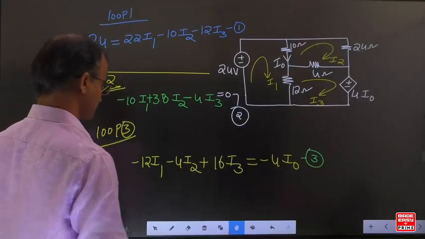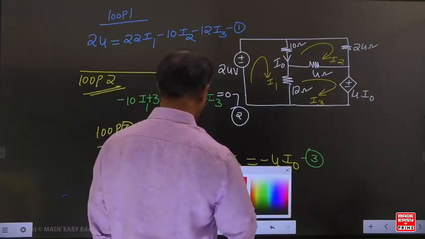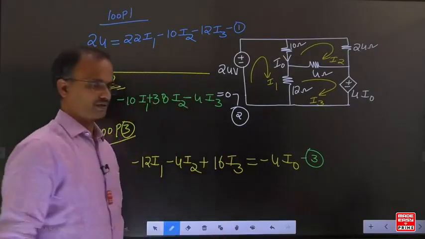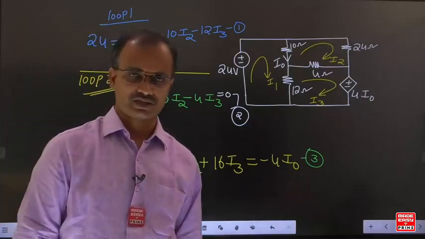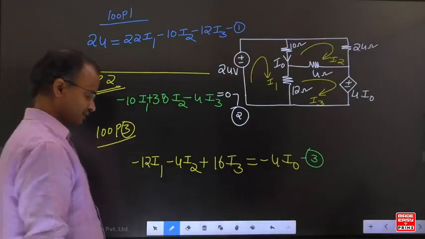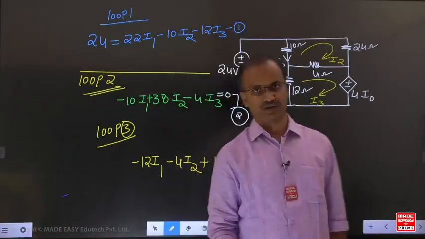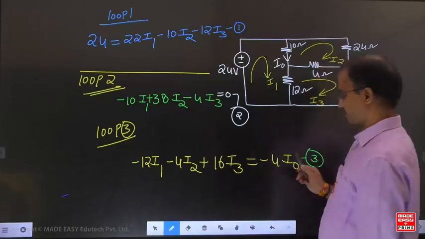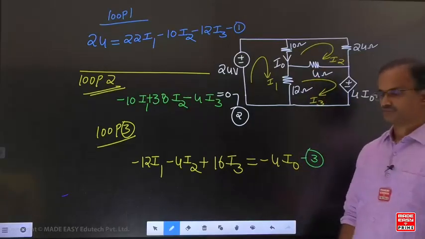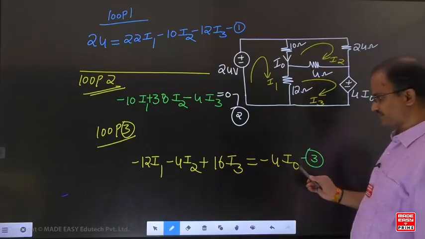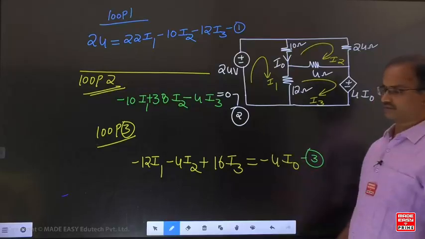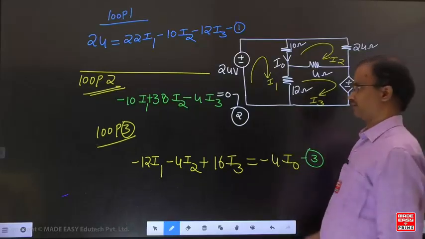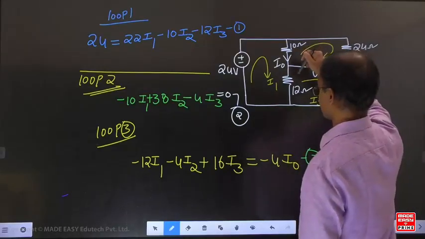Now we got the three equations. But if you have three equations, how many unknowns are there? I1, I2, I3. और एक unknown क्या है इधर? One more unknown is I0. समझ रहे ना? I am writing 4 I0 this side. अब this side लिखे तो क्या लिख सकते हैं? Minus. देखिए, I0 is the current of this branch.